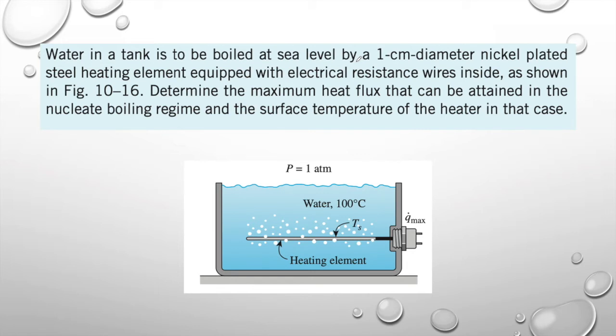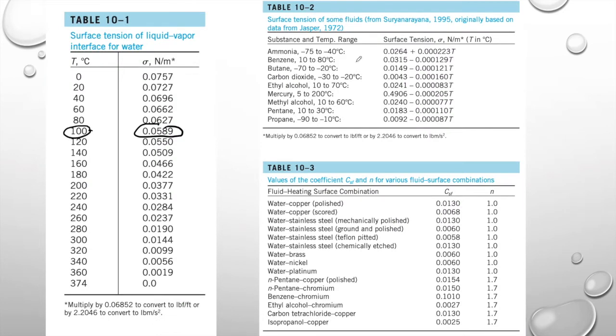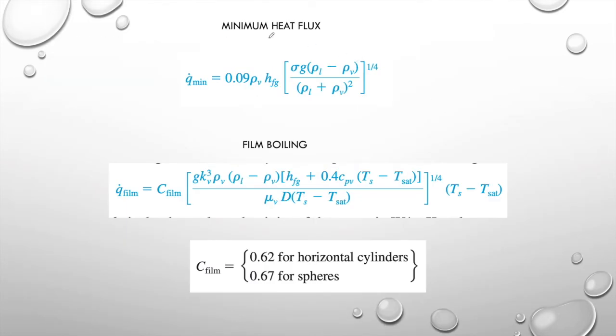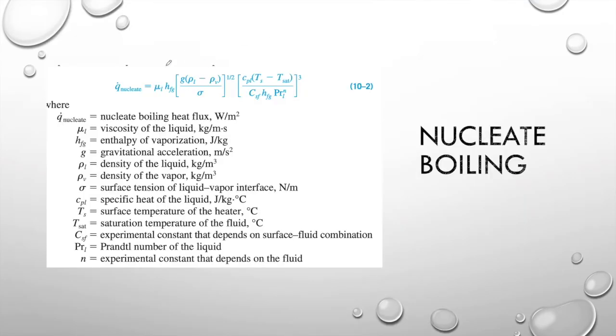We know that if we substitute the delta T excess in the nucleate boiling equation, we will get values, and the curve will have a maximum.